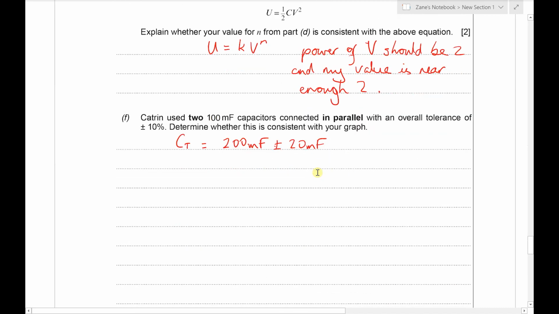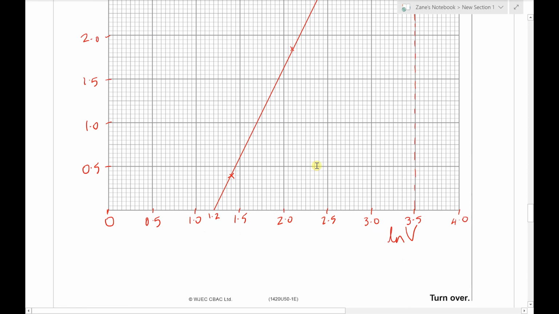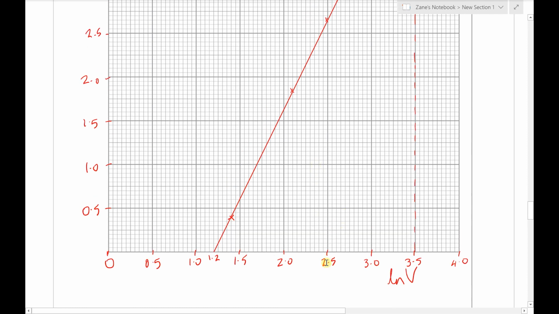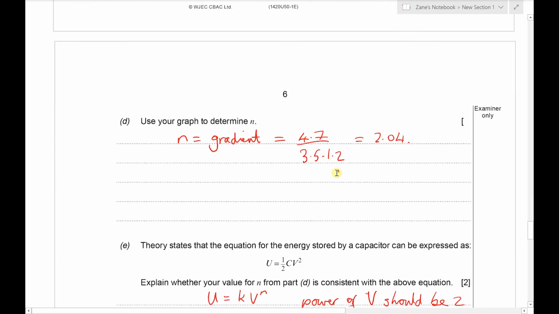So let's rewrite that equation. Log of u is log of k plus n log v. And let's take some values off the graph. So let's go with, for example, here the 2.5 value for log v, going with near enough 2.65 for log u.